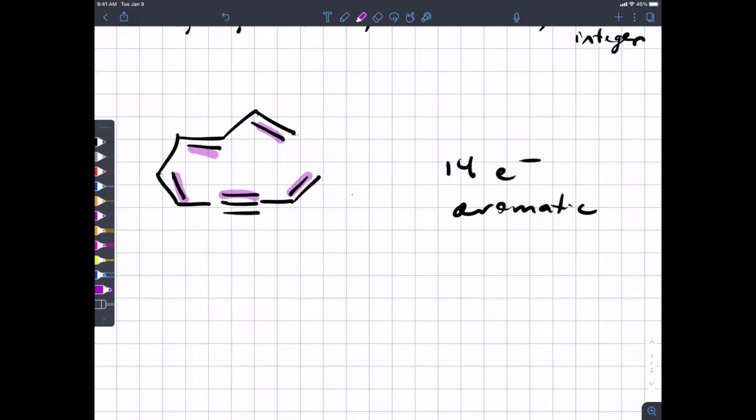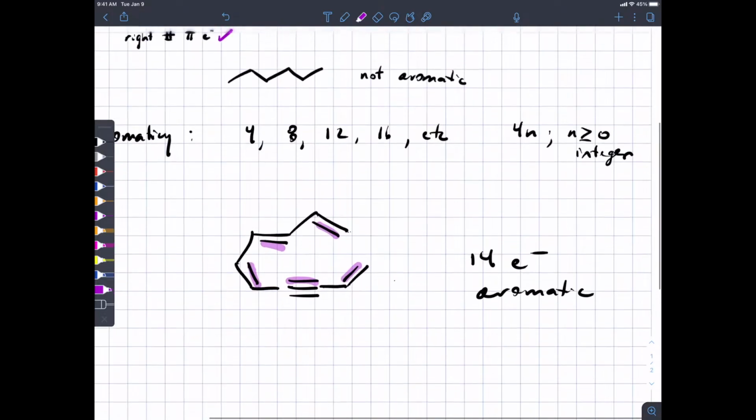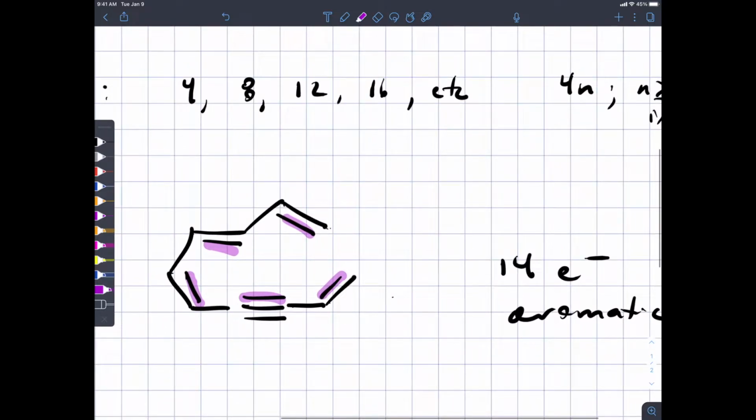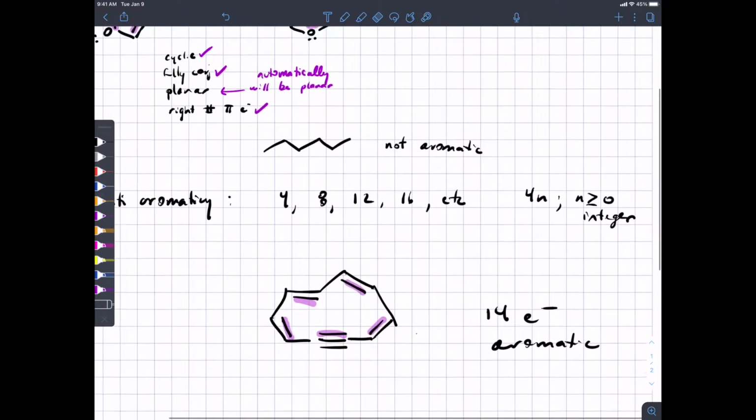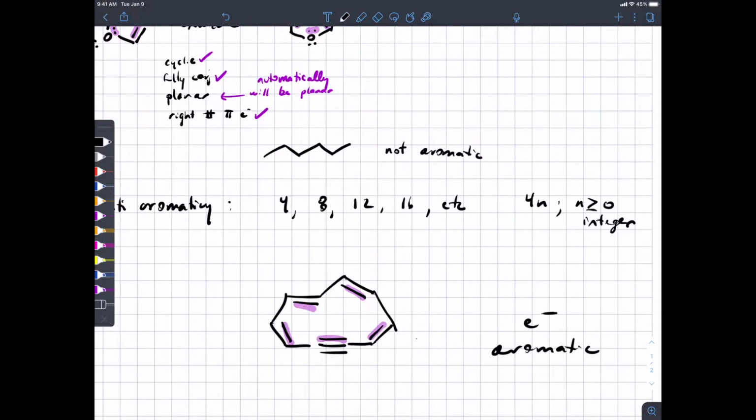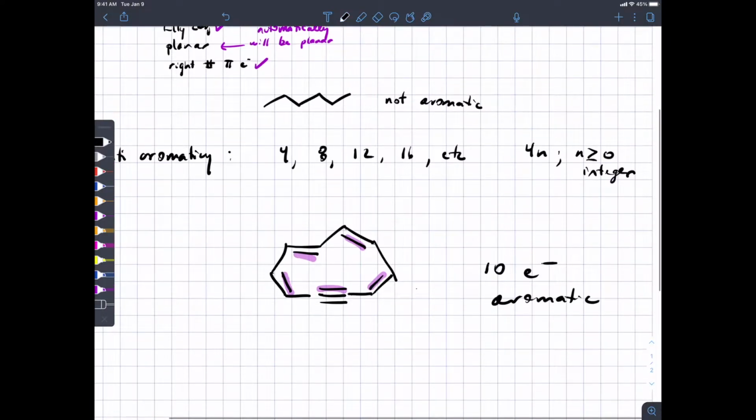That would be 10 electrons, and that is an allowed number. 2, 4, 6, 8, 10. I can't do arithmetic. There. That has 10 pi electrons, so if it exists, it would be aromatic. The thing I drew before wasn't actually fully conjugated. Watch out for that.